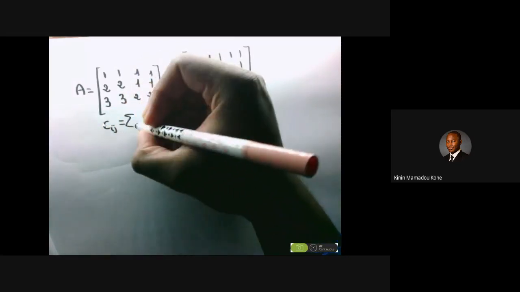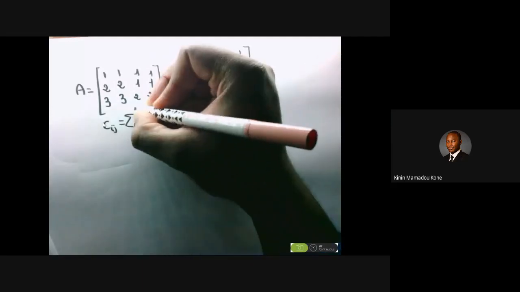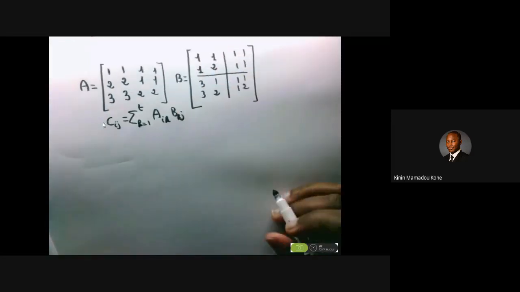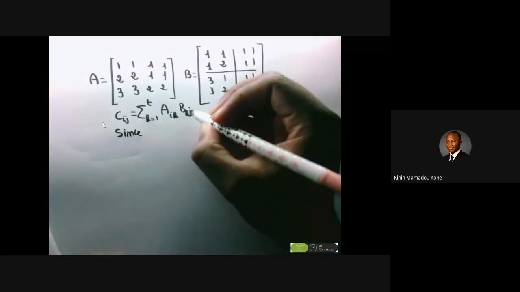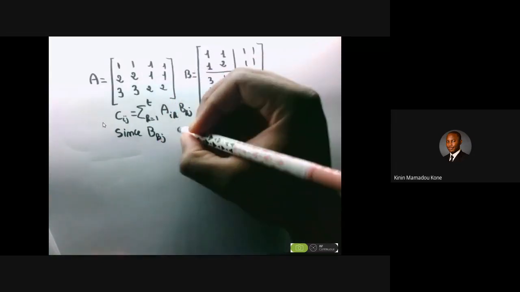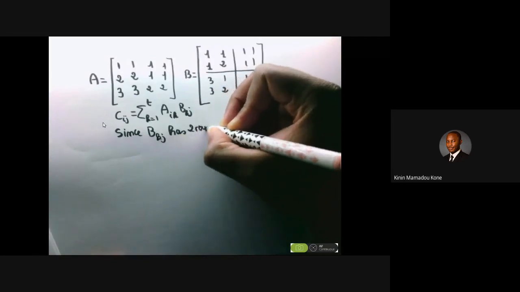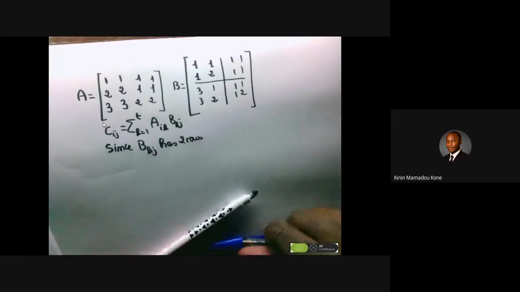Here's the formula: Cij has to be equal to the sum, k goes from 1 to t, of the A sub ik block times the B sub kj block. Now, each B sub kj has two rows, so these are my B matrices.